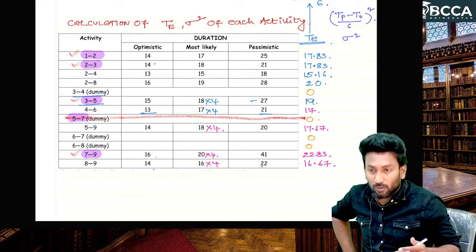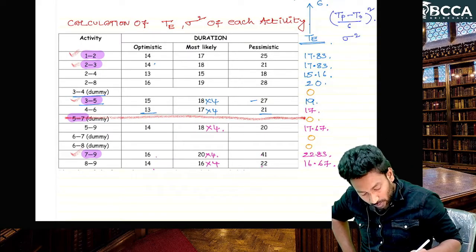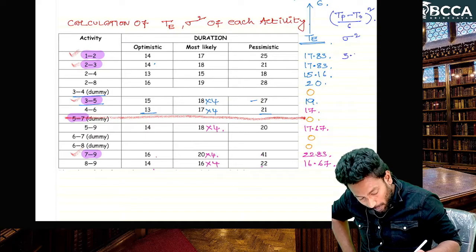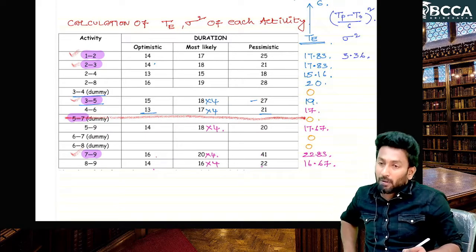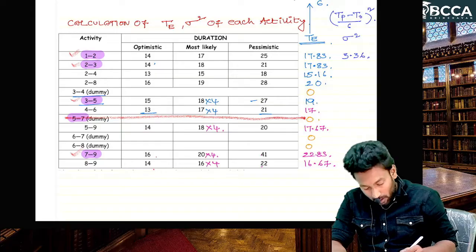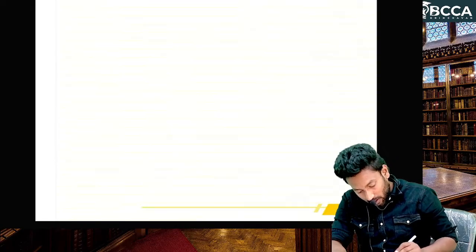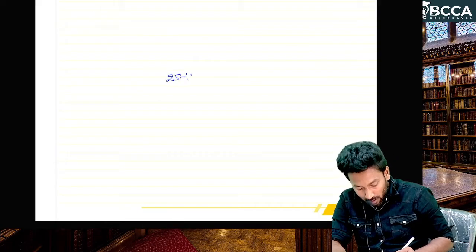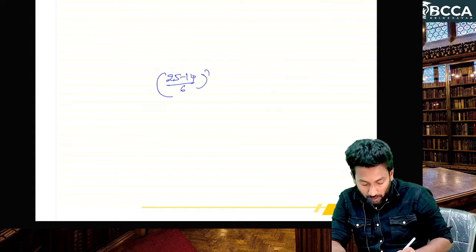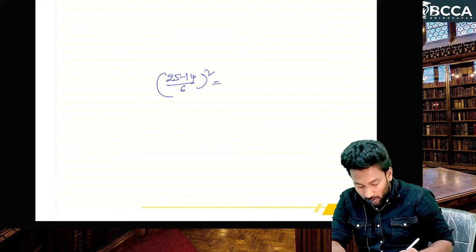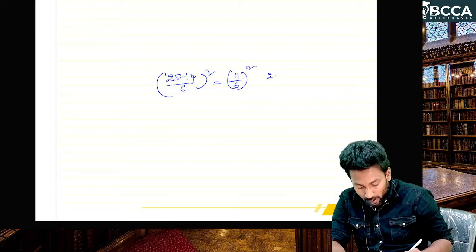We get 3.36. Got it? 25 minus 14 is 11, divided by 6, whole square.